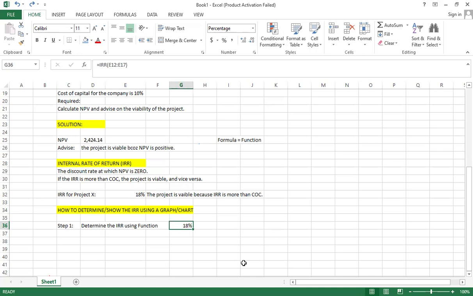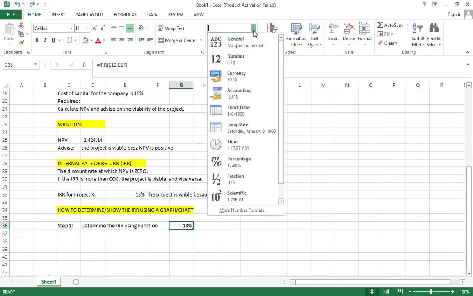Then up here, are you seeing this percentage part? Okay, yes. Click this arrow that points down. You have a lot of options from general, number, currency. Come down here and look for the item percentage. Are you seeing it? Virginia, talk to me until I'm done with you, okay?